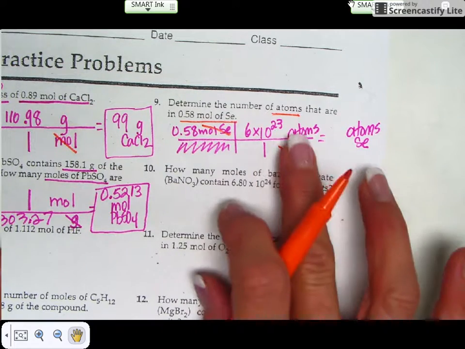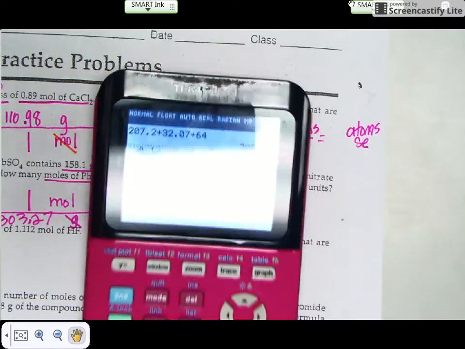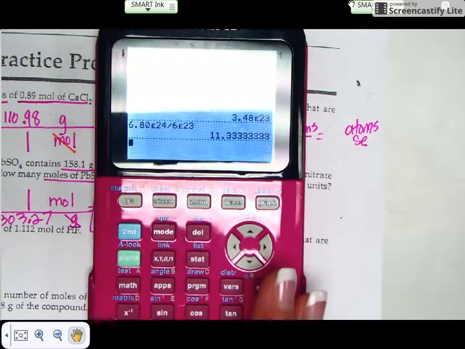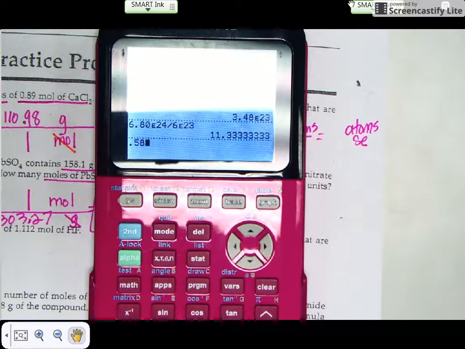Now this is where it gets a little tricky if you don't remember how to plug in your numbers in scientific notation. Let me try to get my calculator screen here. So we're going to plug in our given 0.58. Now we're going to say times because we're multiplying by Avogadro's number. You're going to plug in your coefficient, 6. Now we're not going to plug in times 10.